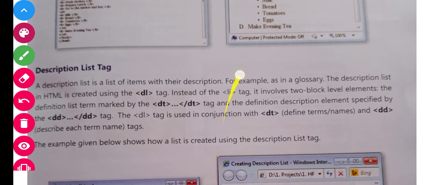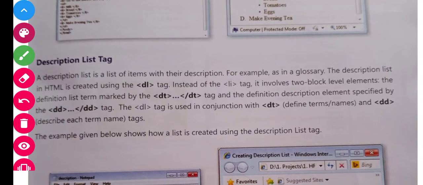Next is the description list. A description list is a list of items with their descriptions, for example, as in a glossary. The description list in HTML is created using the DL tag. As we know, an ordered list is created with the help of the OL tag, and an unordered list with the UL tag. Now the description list, which helps us to describe terms or define particular titles, we can use here, the DL tag.